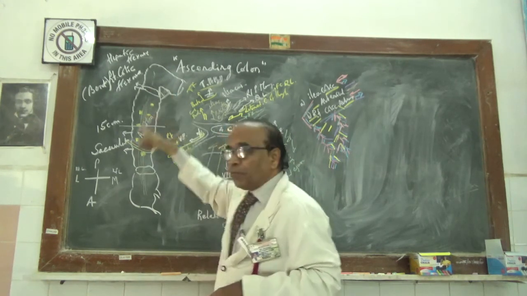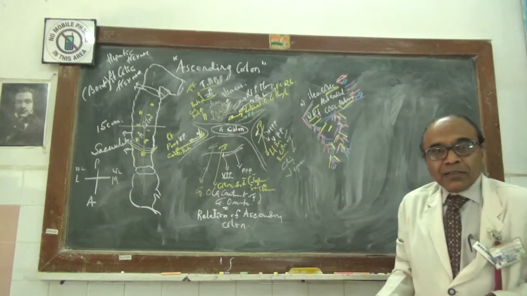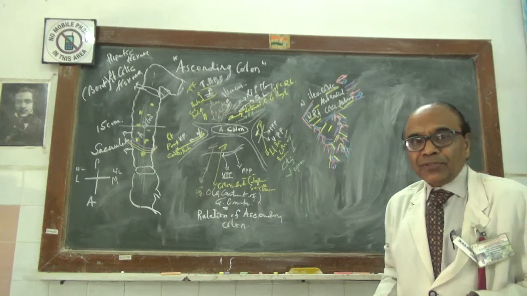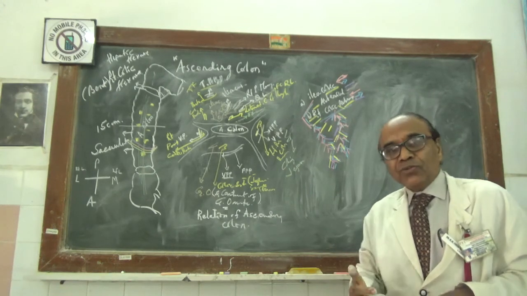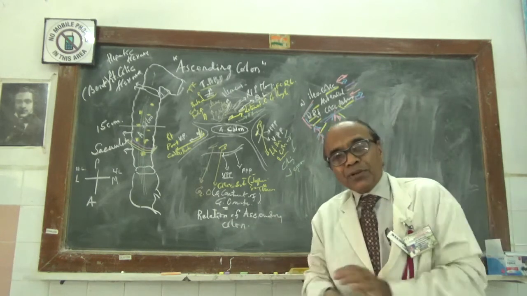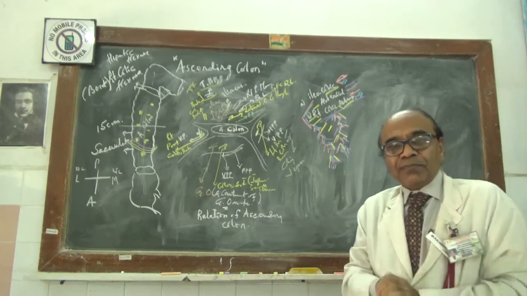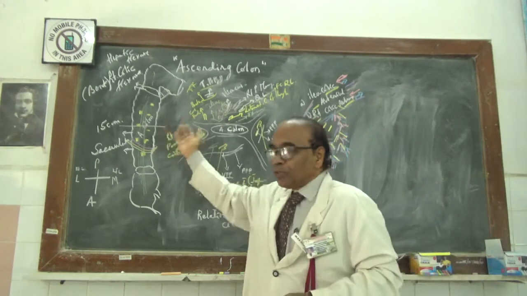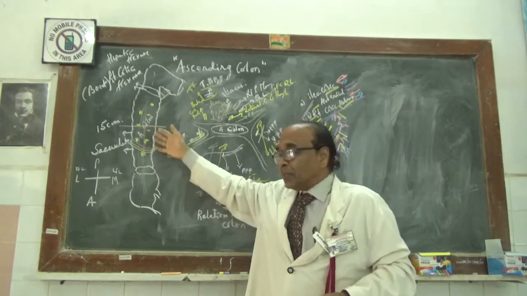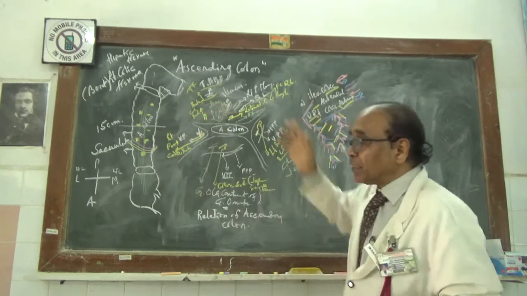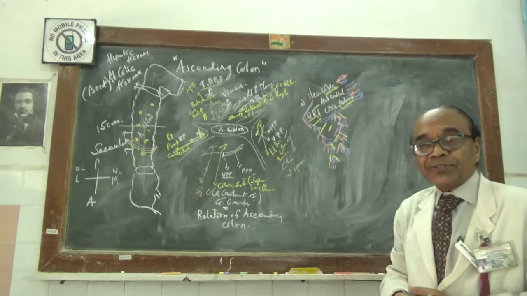So there will be lumbar spinal nerves. When that lumbar spinal nerve comes on the right side, soon after coming out, and earlier to coming out from the intervertebral foramina, there will be one ganglion. That ganglion is called the sympathetic ganglion. After that, this particular part gets supplied by the sympathetic. Then the parasympathetic is the vagus.